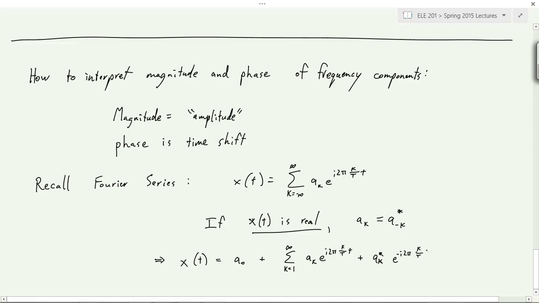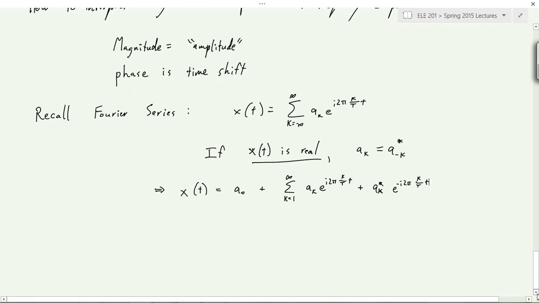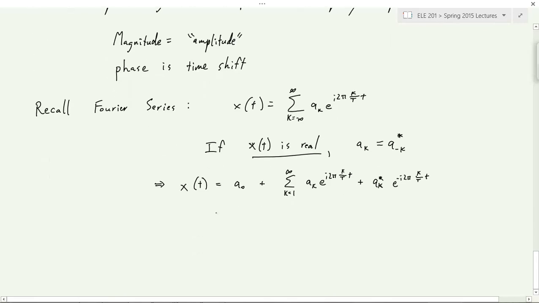But then using Euler's identity, each of these terms is just a0 plus the sum from k equals 1 to infinity of the magnitude of a_k times a cosine of 2 pi k over T, being the frequency, plus the phase of a_k. So in this form, it becomes clear how to interpret these coefficients. Their magnitude is the amplitude of the cosine, and their phase is not precisely a time shift, it's technically a phase shift of that cosine. Okay, so there you go for magnitude and phase.